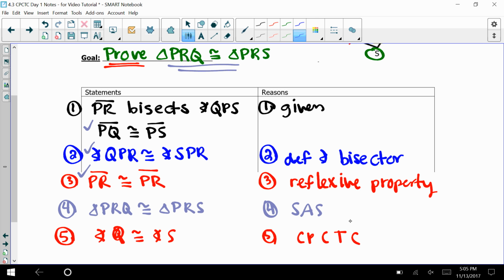So after you prove triangles are congruent, then you can use CPCTC as a reason, because corresponding parts of congruent triangles are congruent.